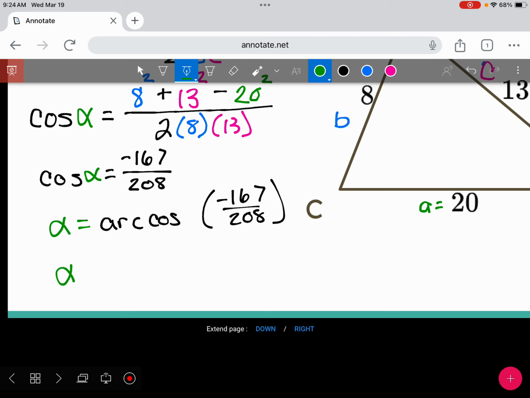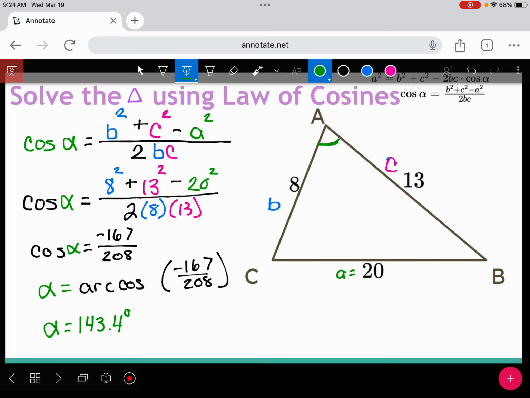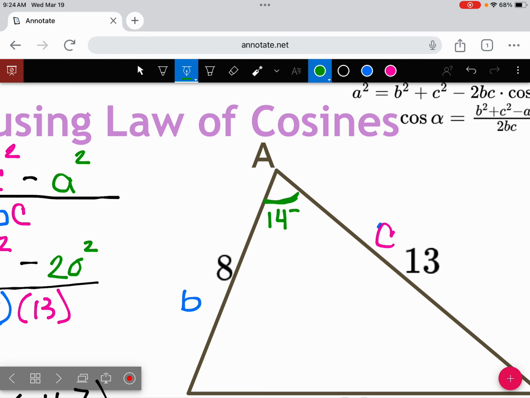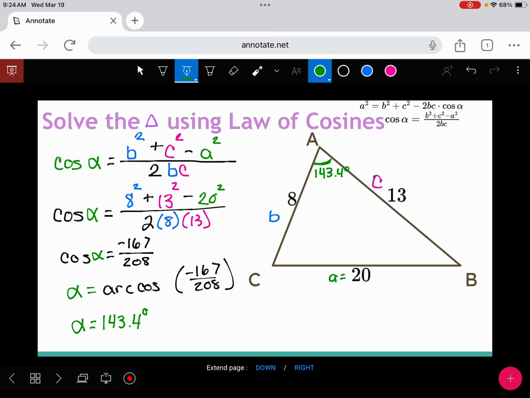Because our alpha should be about 143.4 degrees. This looks a little big, but yeah, it's 143.4. These triangles are almost never to scale because I'm just freehanding a triangle.